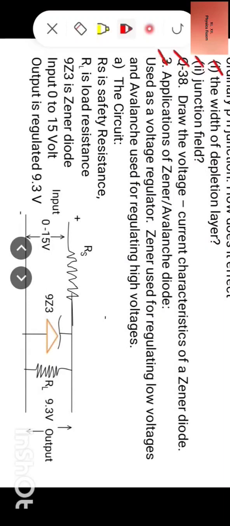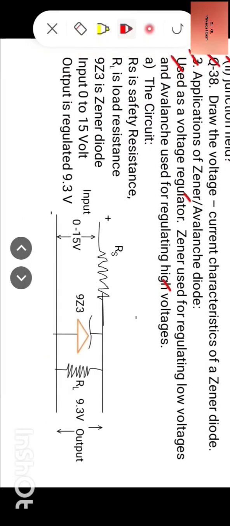Now, Zener or avalanche diodes are used as voltage regulators. Zener is used for regulating low voltages and avalanche is used for regulating high voltages.